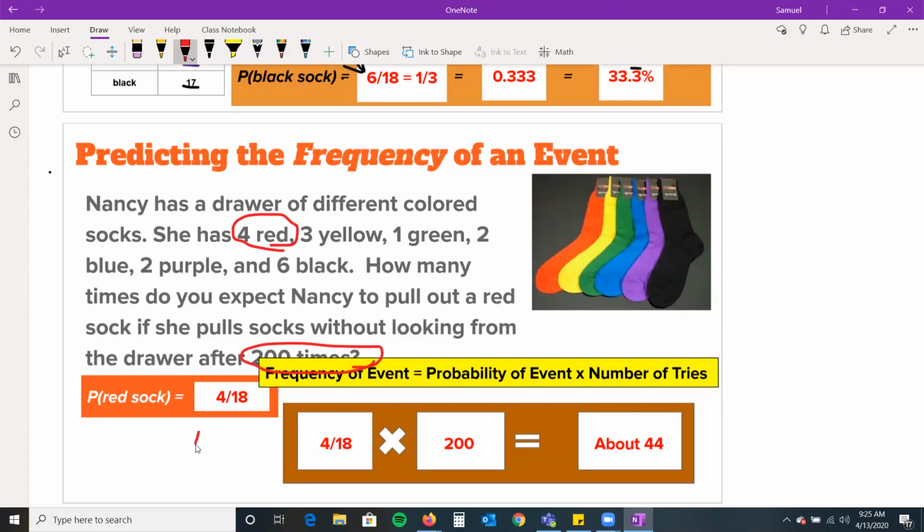Okay, and if she's got 4 red socks, and she has 18 total, it's still going to be that 4 over 18. Which you could simplify to 2 over 9, right? 2/9.